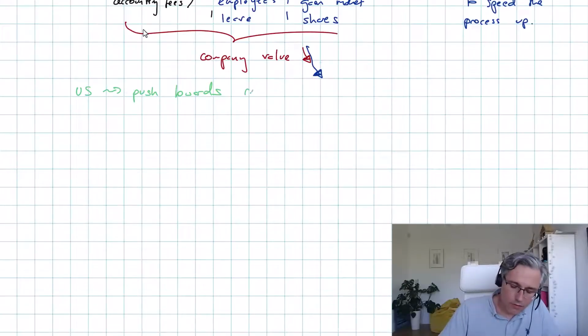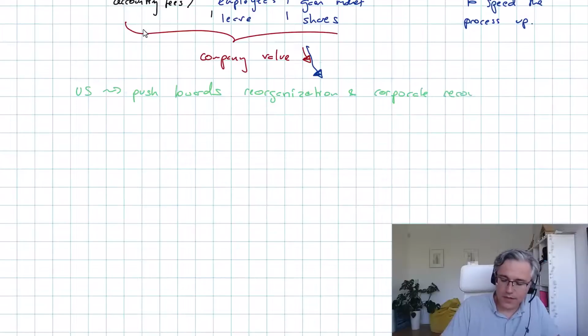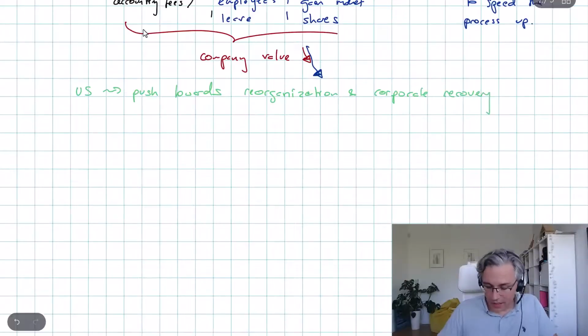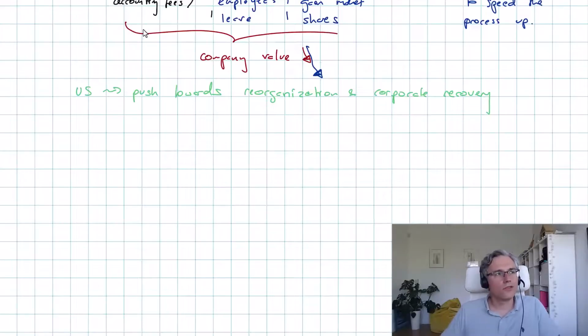So, towards reorganization and corporate recovery. So debt holders are incentivized, are asked to potentially agree to a restructuring of the debt, maybe lowering of par value, extension of maturity, just to keep the company going and give it another try.